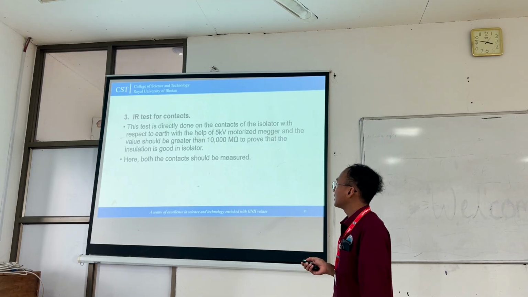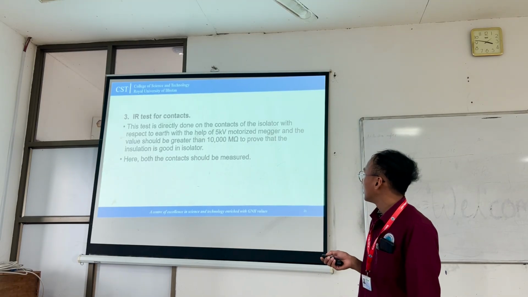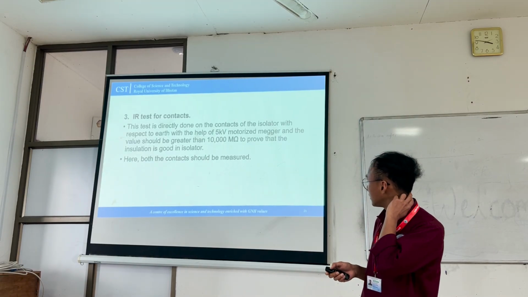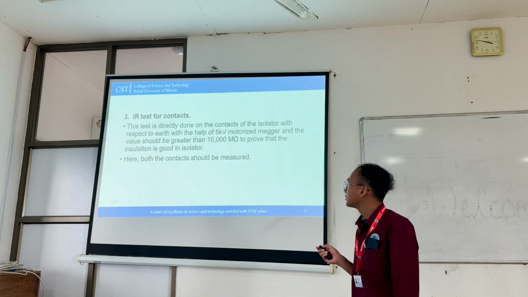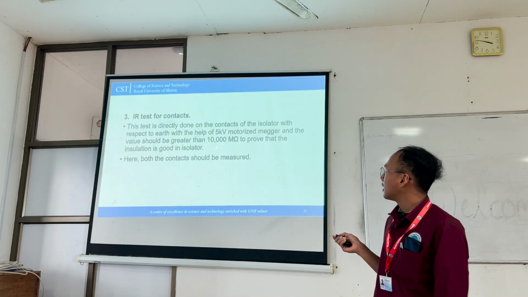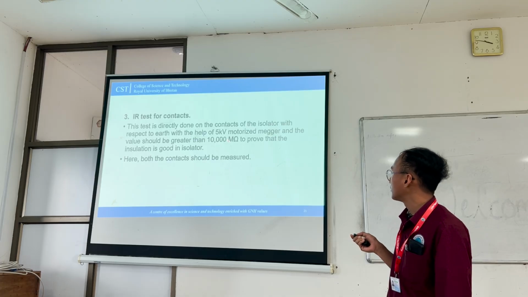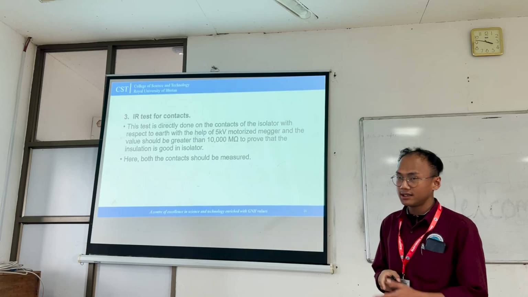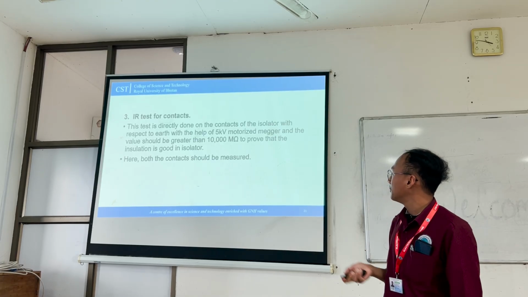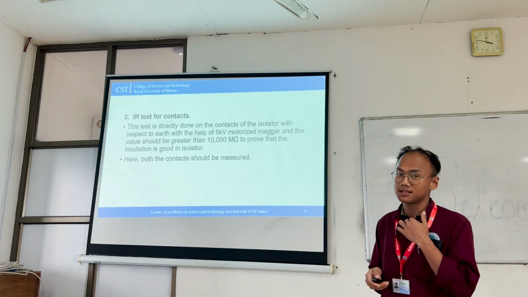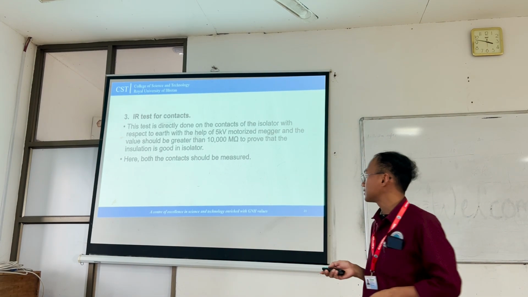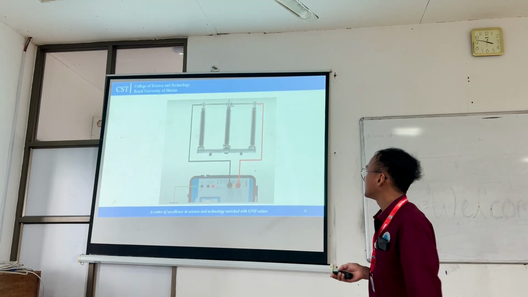Now, lastly, the IR test for contacts. Here we also use a megger, the rating of the megger used is 5 kV motorized, and the value should be greater than 10,000 megaohms to prove good insulation. Here, both the contacts should be measured for both the isolator contacts.